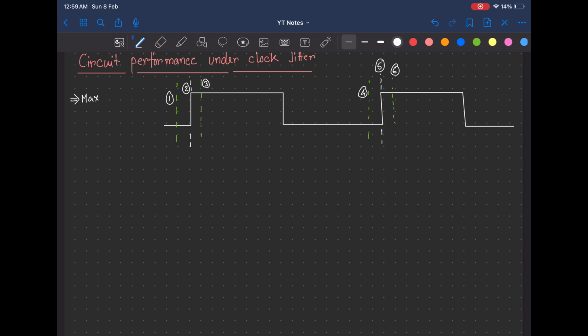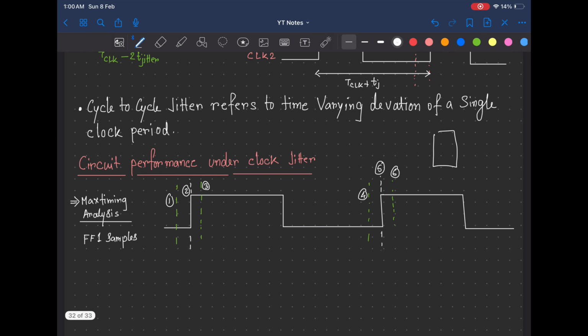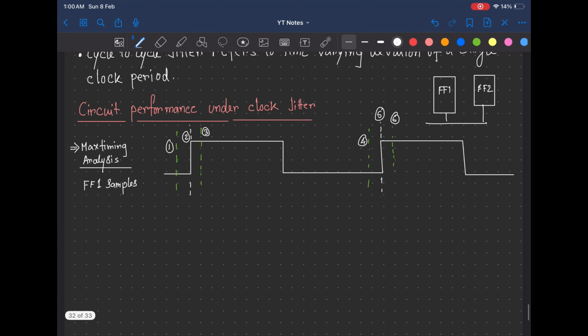For max timing analysis, flip flop 1 samples. Remember that simple picture. This is flip flop 1 and this is flip flop 2.